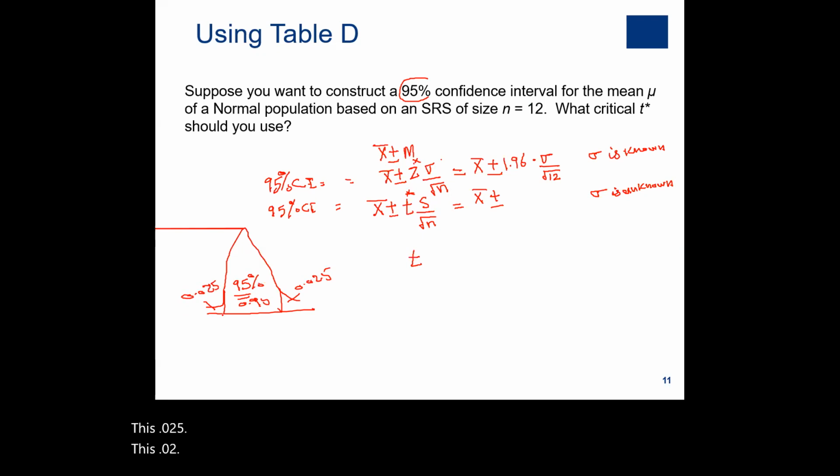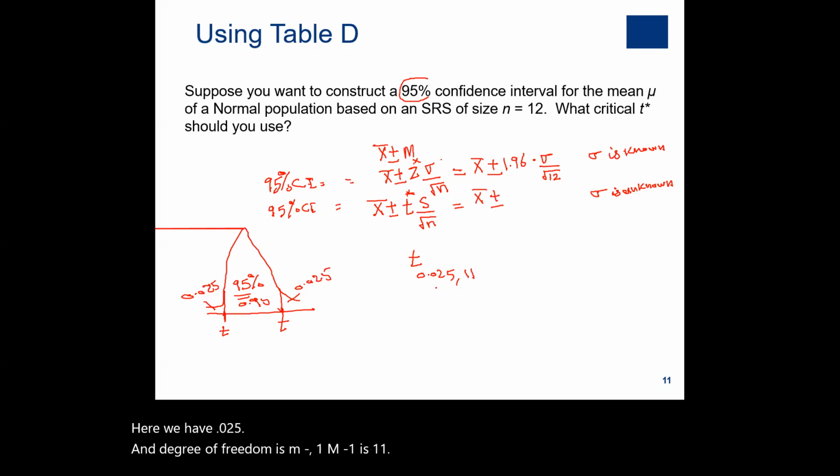We need to find this value of t and this value of t. So here we have 0.025, and the degrees of freedom are n minus 1. N minus 1 is 11.